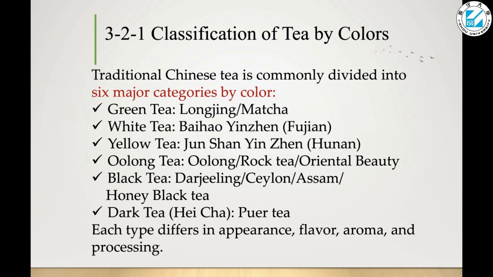They export a lot of 六堡茶 to Southeast Asia. Some immigrants from mainland China or other parts of the world, living in Southeast Asia, because the weather is really hot, tend to drink 六堡茶 because they think it can help them get rid of humidity and the heat sitting inside their body. So pu'er, 六堡, and also 千两茶 are examples of dark tea. Each type differs in appearance, flavor, aroma, and processing style.